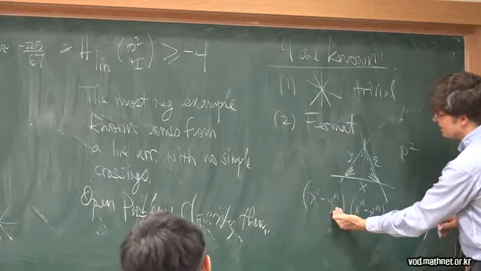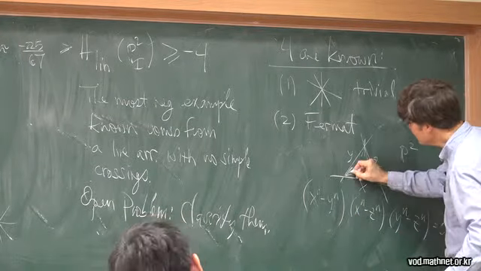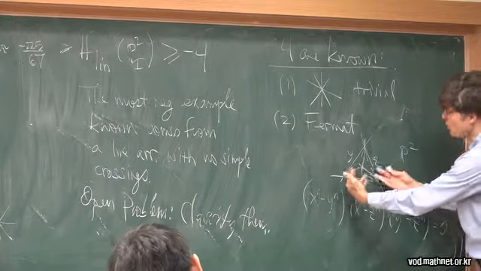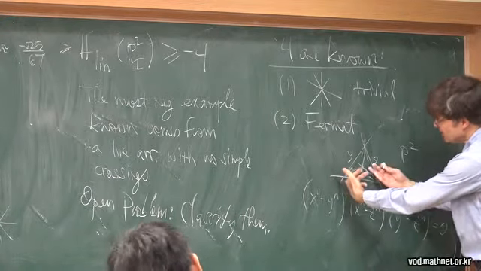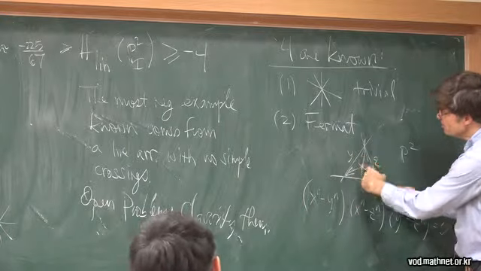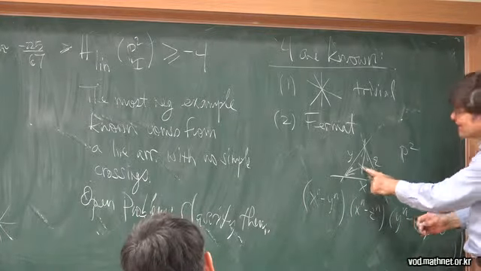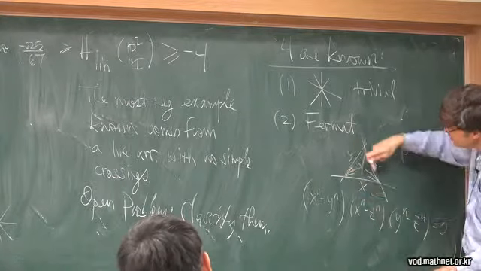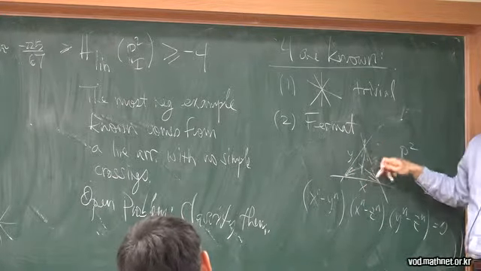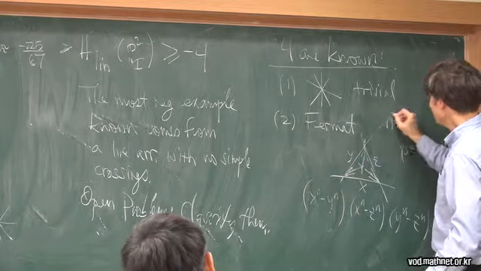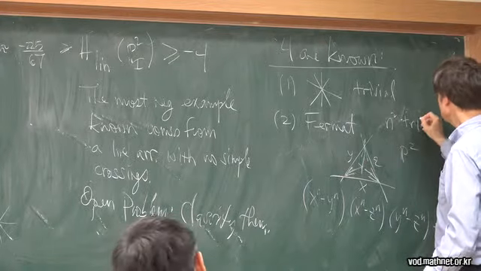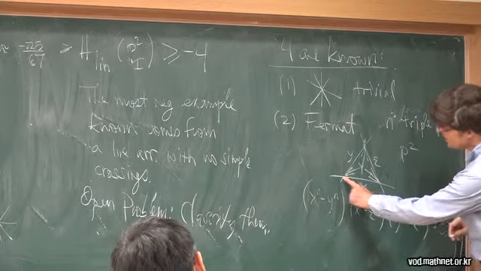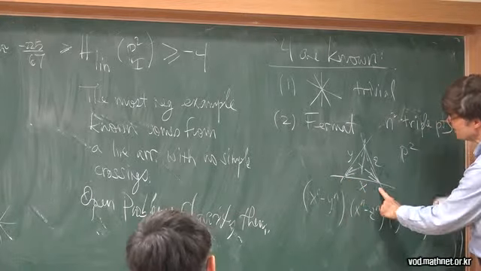There are n lines. Each point here is the intersection of, there are n squared points. There are n lines here and n lines here. That gives you a complete intersection of n squared points. But each point is the intersection of a line from each of the 3 sets of n lines. So what you get is n squared triple points. And then here you have a point of multiplicity n, and likewise here and here.